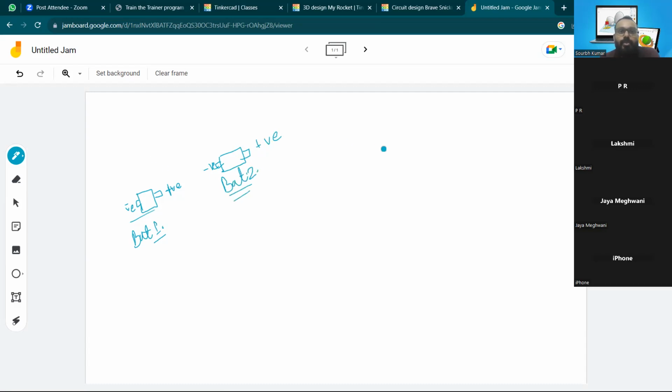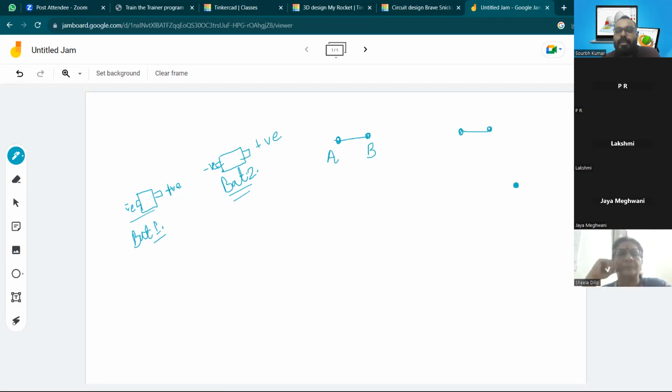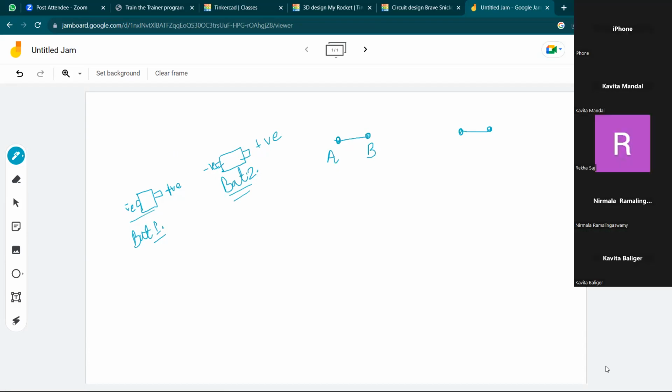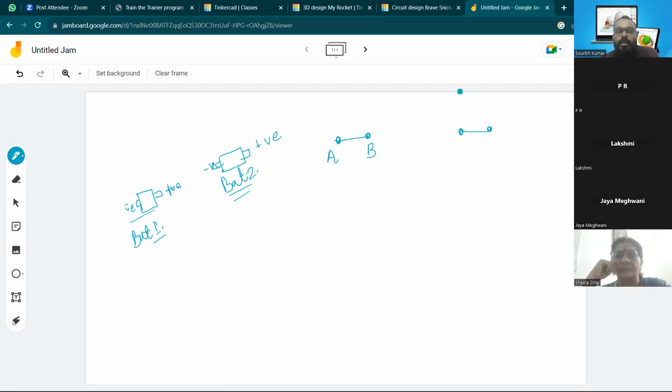Series means that if we have a battery which has two ends, A and B, and another battery with C and D. Whenever we go for this series connection, what will happen? This one is negative and this one is positive.